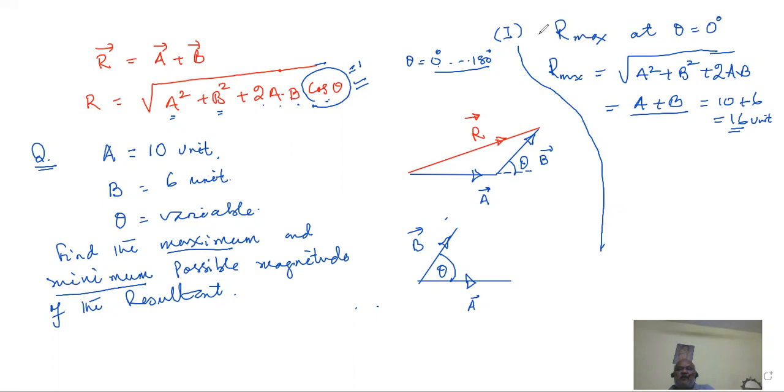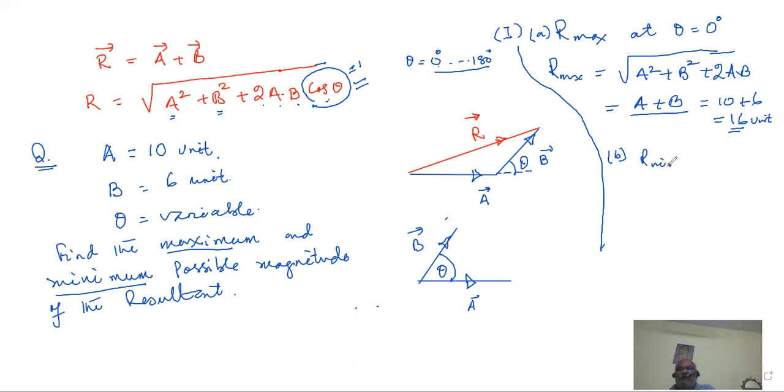Okay, similarly, if you go to R minimum and employ the formula, obviously at that time cos theta will be assuming its lowest possible value. The lowest possible value of cos theta is -1.